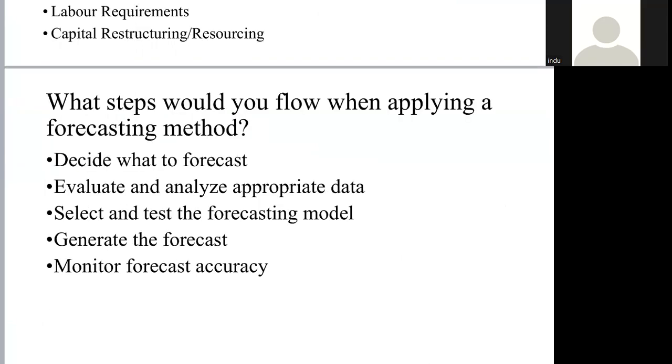When answering this question, basically we can understand there are 5 main steps that can be adopted when we apply a forecasting method.